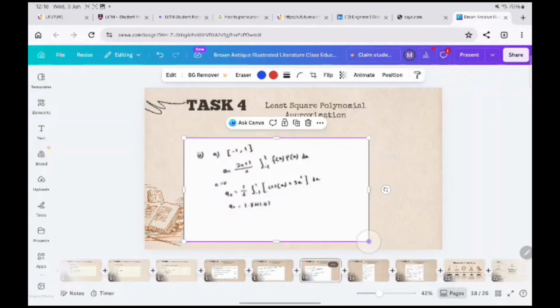With the same formula, we substitute n equal to 0, and for a0, we get a0 equal to 1.84147.